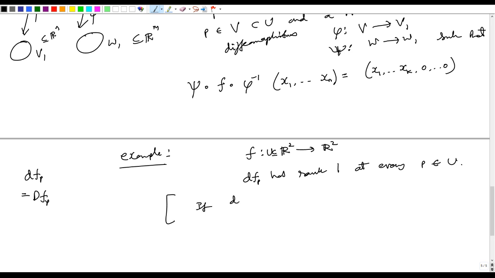If dfp has rank 2 at every point, then we are back in the realm of the inverse function theorem. So in other words, the derivative will be invertible.